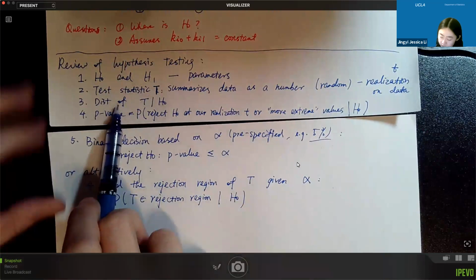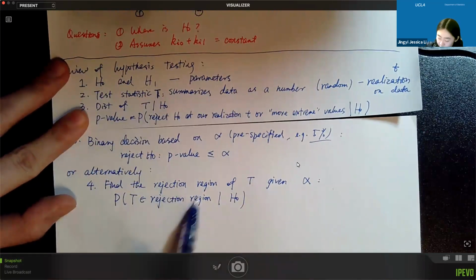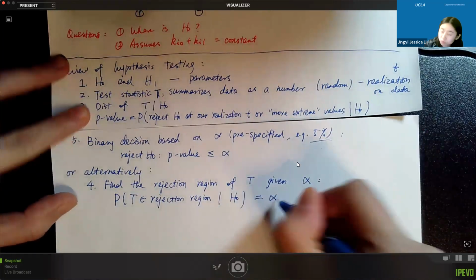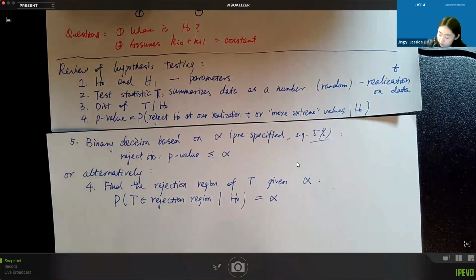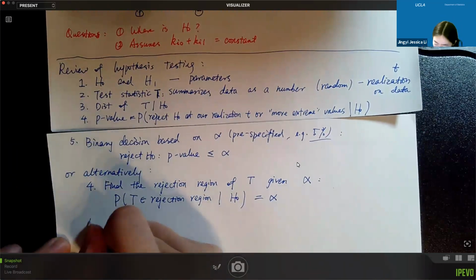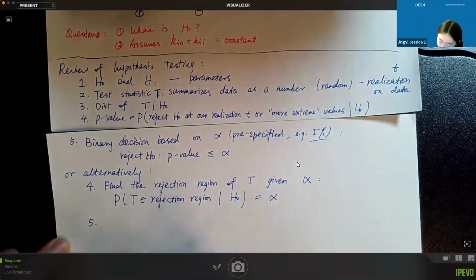So you're going to use the distribution of t under the null to find this rejection region so that this probability is set equal to alpha. So use alpha to find the rejection region. And then finally, your decision is to compare the realization with the rejection region.